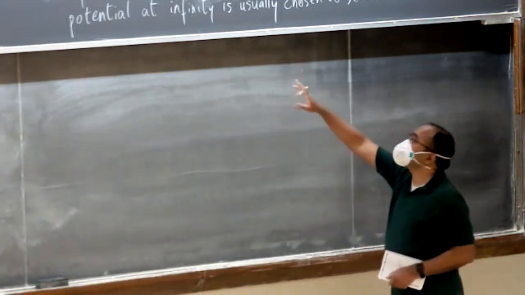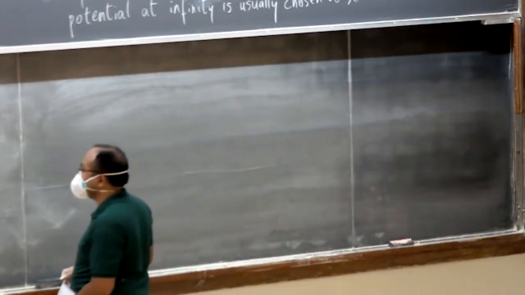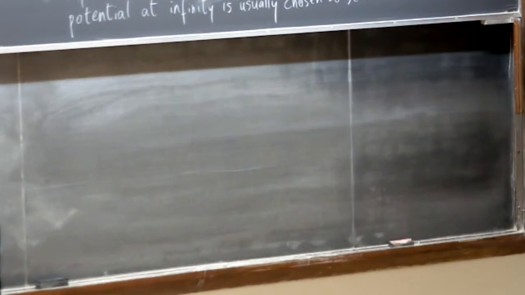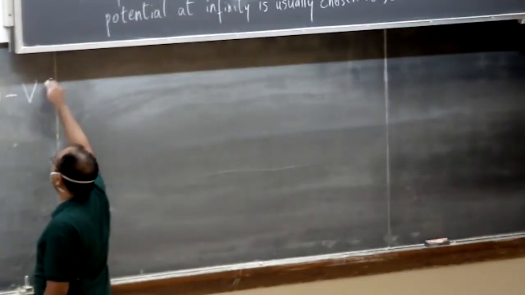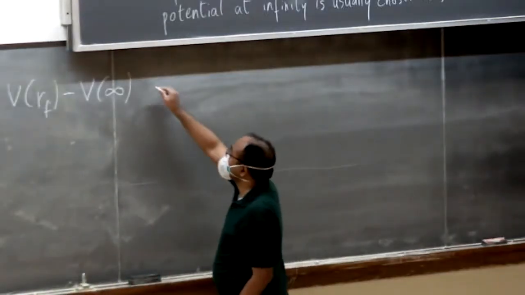All right, so we're going to choose the potential at infinity to be 0. So we are going to find delta V. It's going to be V at r final minus V at infinity. This is the change in potential we're trying to find.